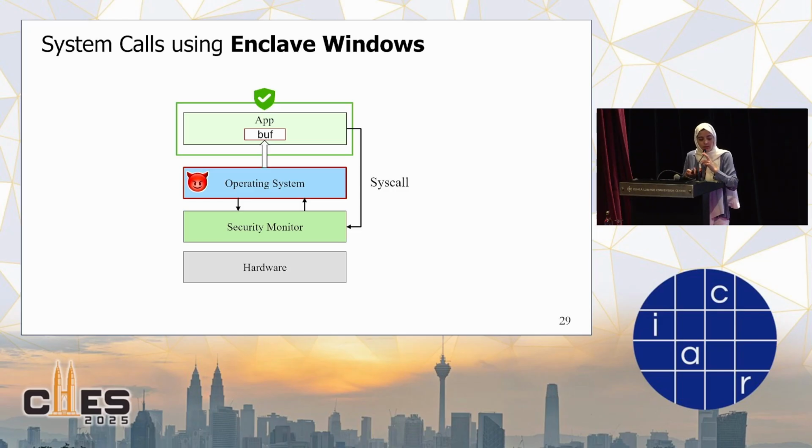Once the system call completes, the control is transferred back to the security monitor, and the security monitor will now close this window and remove OS access to it, and then transfer control back to the application. Since this avoids any copying of the parameters, it achieves better performance.